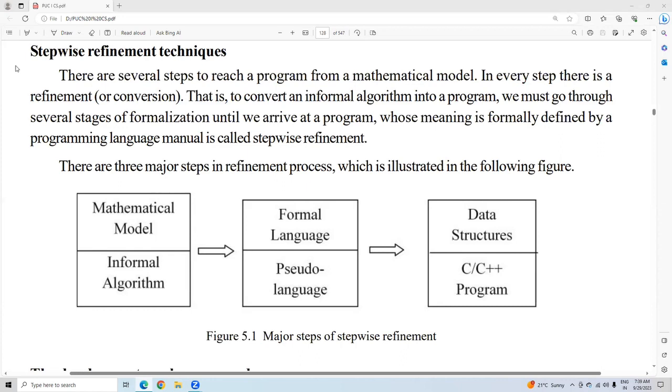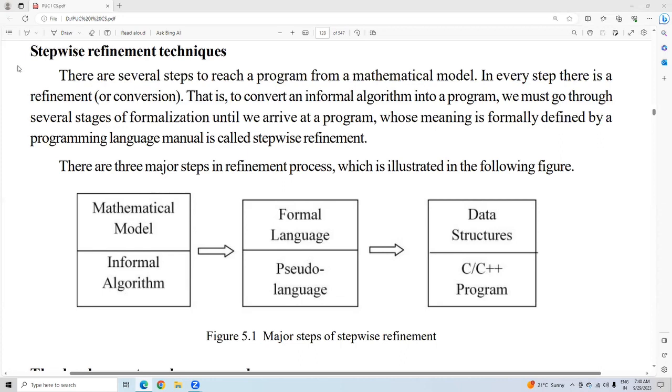Like how you study the life cycle of something, an animal, a human being, or a plant, there is refinement and conversion from stage to stage. In the same way, here also we will have that refinement.